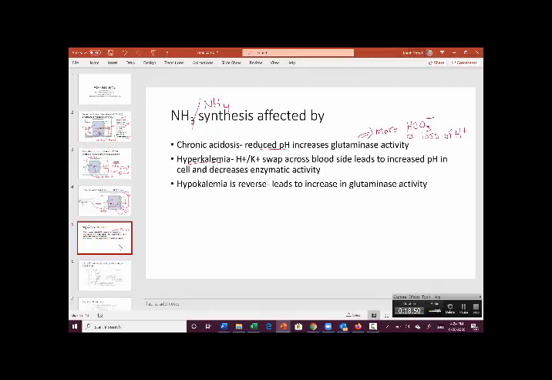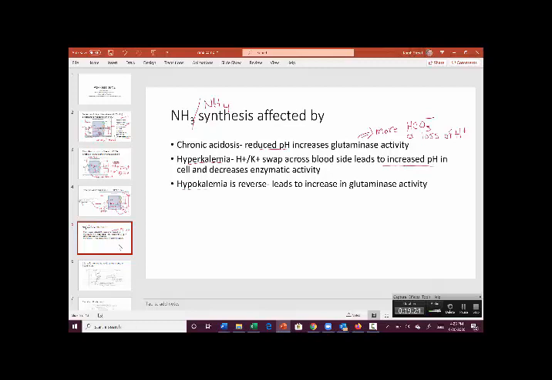So hydrogen leaves the cell. And if hydrogen leaves the cell, then the pH inside the cell, intracellularly, goes up. And if it goes up, then glutaminase activity goes down. So if the pH goes down and glutaminase activity goes up with a lower pH, it stands to reason that if pH goes up, the activity of glutaminase will go down.